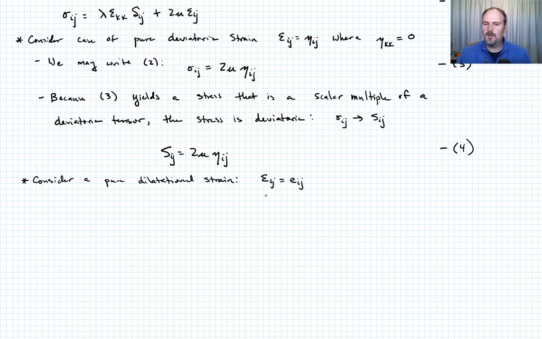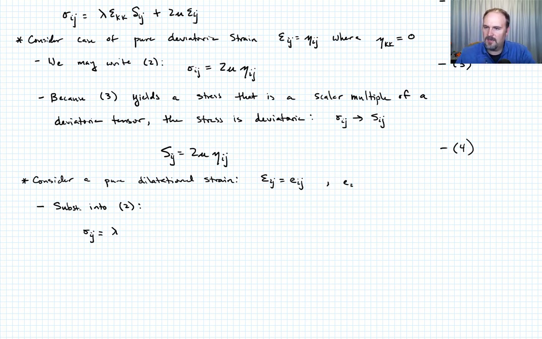And so what happens when we substitute that into Hooke's law? Substituting into equation 2, we end up with sigma ij equal to lambda. What is epsilon ij?